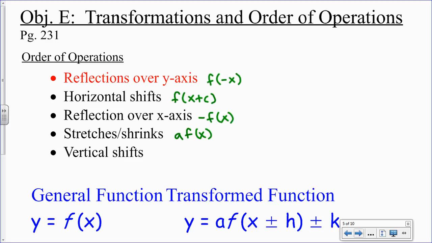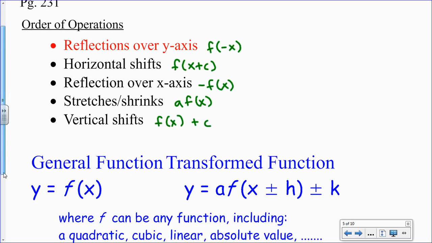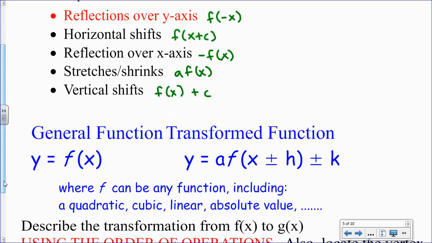And then vertical shifts, that's the last thing we do, and that's always what's added or subtracted at the very end. So it looks like this. Just if f of x is any type of function, then this is the transformed, so applying the transformations. F can be any function, quadratic, cubic, linear, absolute value, etc.